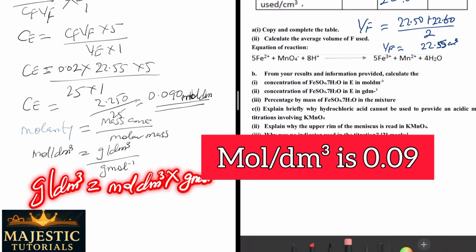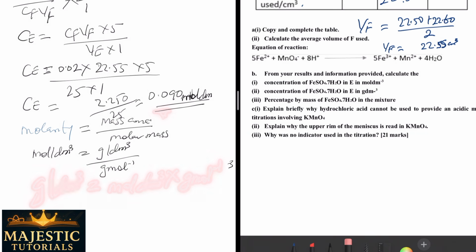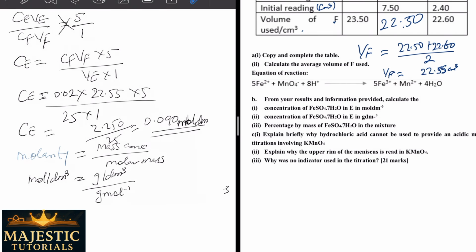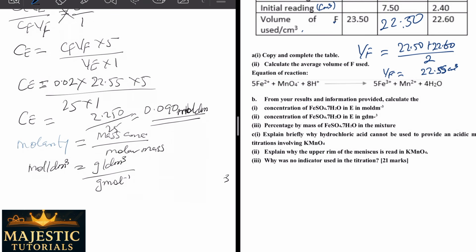The mole per dm cube is already gotten at 0.09. They're supposed to give us the molar mass of this iron 2 sulfate, but we have to calculate it now. It will take us time, but watch carefully how we do that.